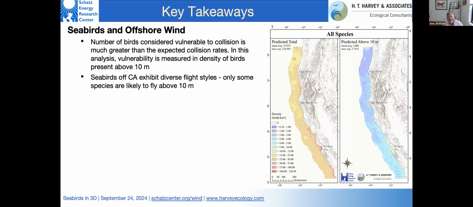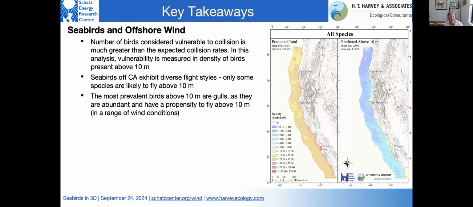Seabirds off the California coast and also the Oregon coast exhibit a diverse set of flight styles, and only some of the species are likely to fly above 10 meters, and some of the data that we'll present later indicate some of the differences there. The most prevalent seabirds above 10 meters, according to the data that we observed, are gulls, as they're abundant and have the propensity to fly above 10 meters in a range of different wind conditions.